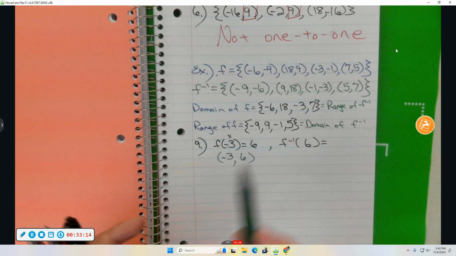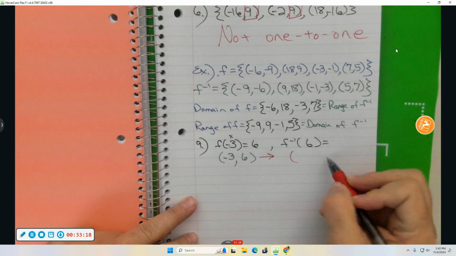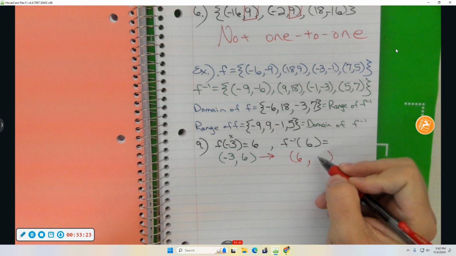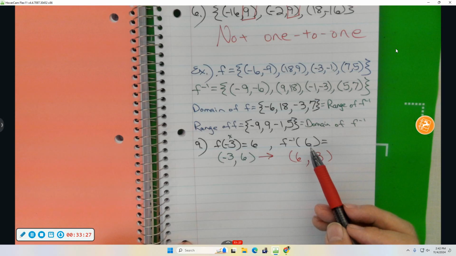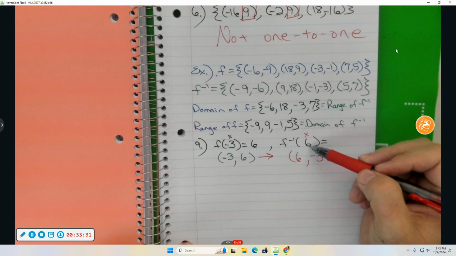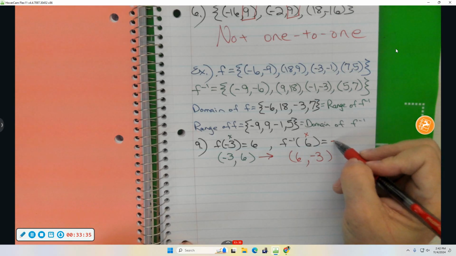Let's find the inverse. The inverse, -3, 6 would become what ordered pair? 6, -3. So look at this question here. Remember the thing inside the parentheses is x. When x is 6, what's the y value? -3. Okay.